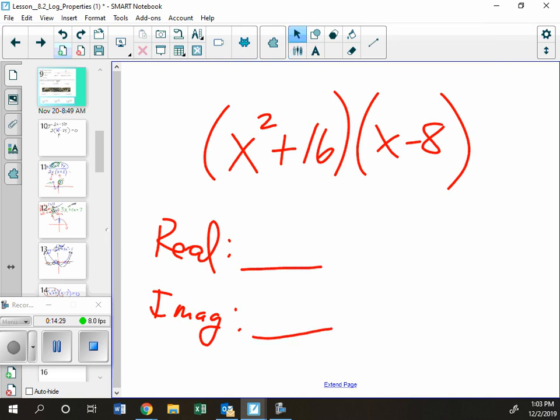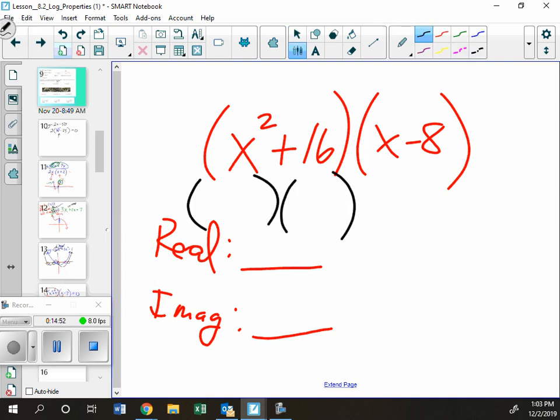Hint, if you factor it the rest of the way, it'll just yell out the imaginary roots. Here's the real key right here. You already know it's x minus 8. That doesn't factor anymore. But this part does.